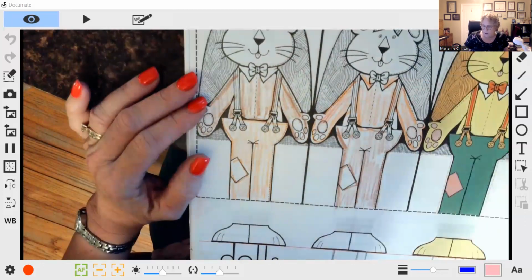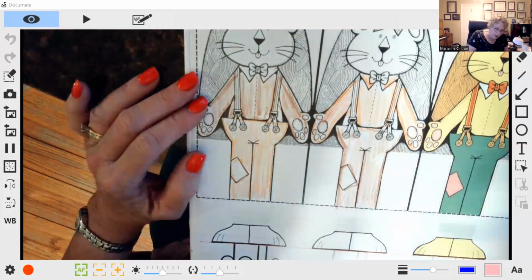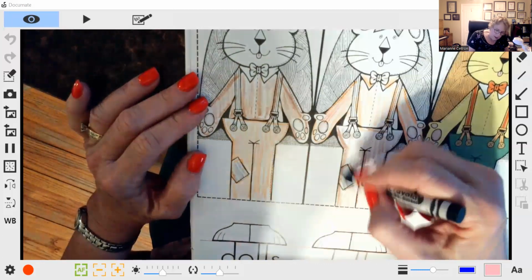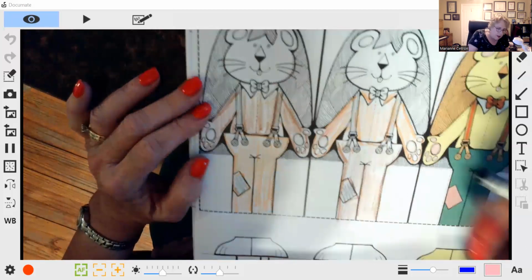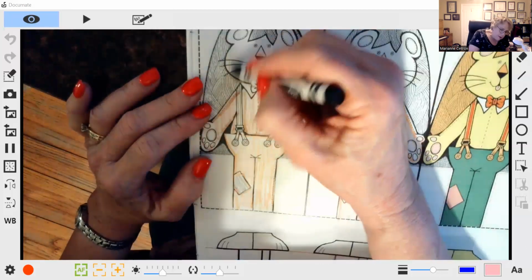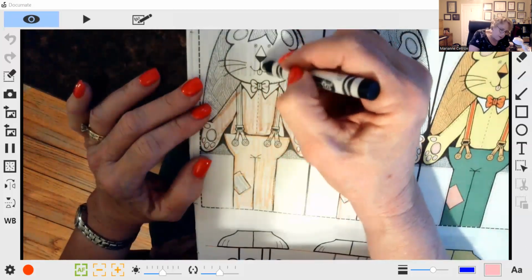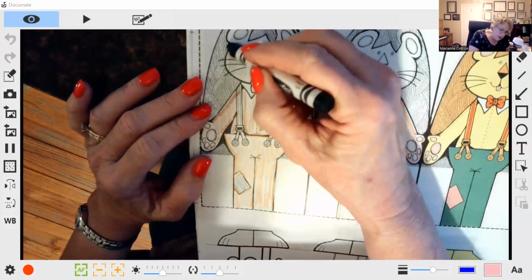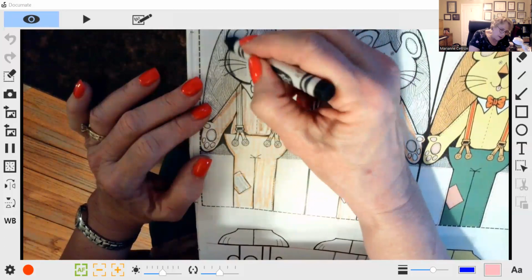And I'm going to give a little black pocket here and a black pocket here. And I'm going to make my tiger tail black here. And of course, you could outline.